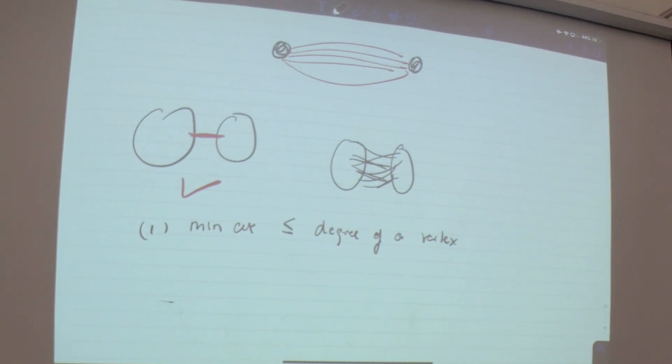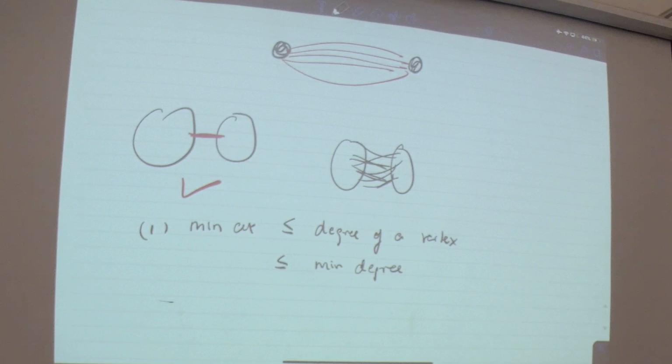The min cut can't be more than that, because I just disconnected the vertex. But I didn't tell you which vertex it was, which means the min cut is less than or equal to the min degree. The smallest degree vertex has to be bigger than or equal to the min cut, because this argument applies to any vertex.